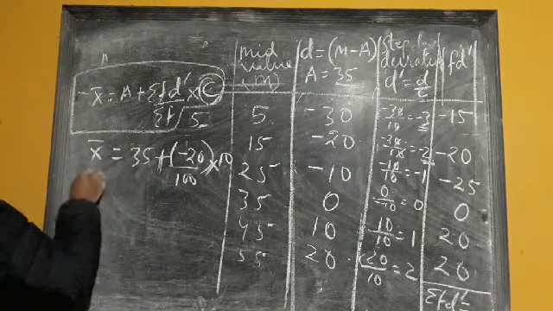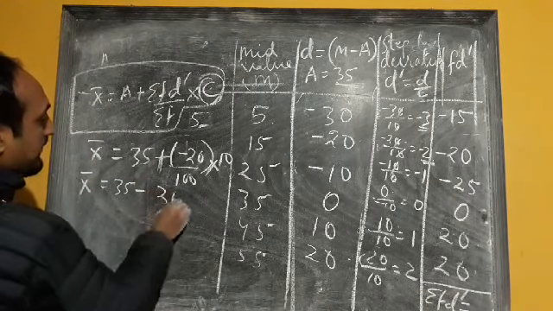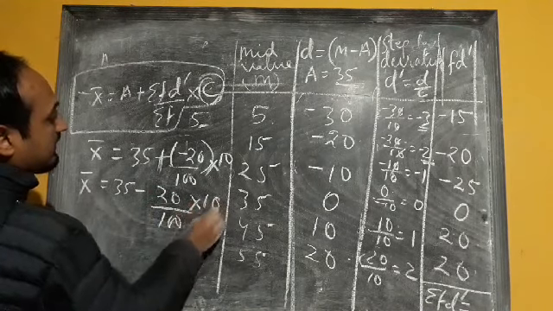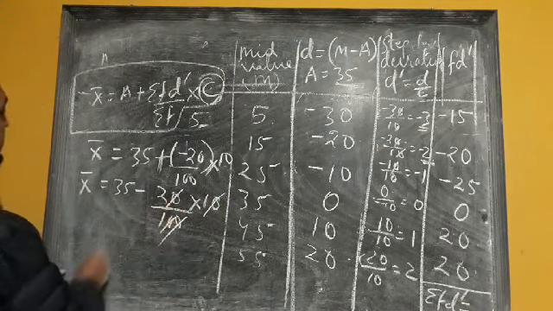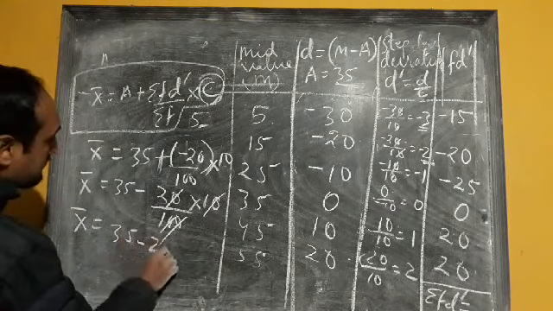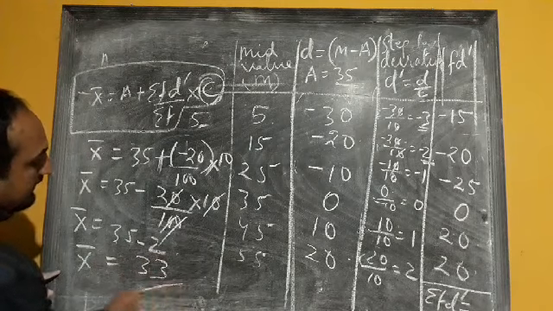So x bar equals 35 plus minus 20 by 100 into 10. The zeros can be cancelled out. x bar equals 35 minus 2, so x bar equals 33.